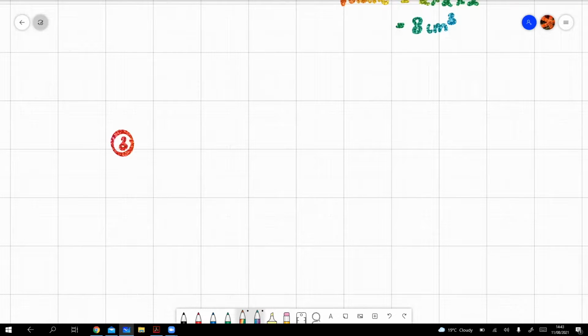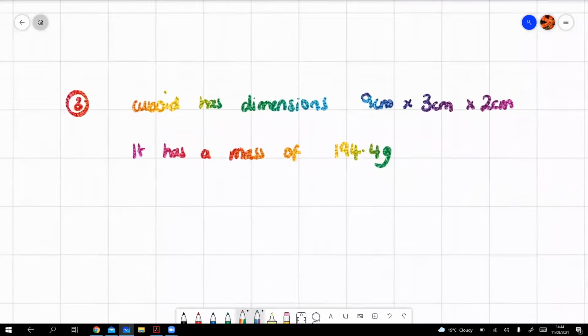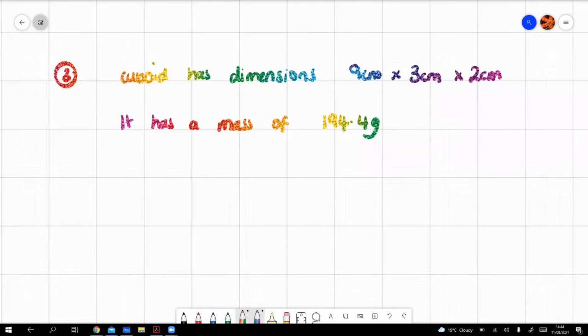Okay, so a cuboid has dimensions 9 centimeters by 3 centimeters by 2 centimeters. It has a mass of 194.4 grams, and we are working out the density.